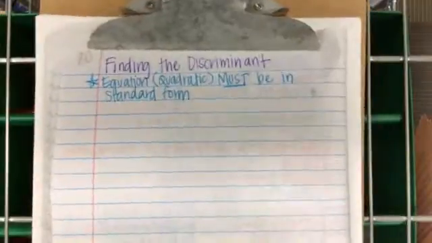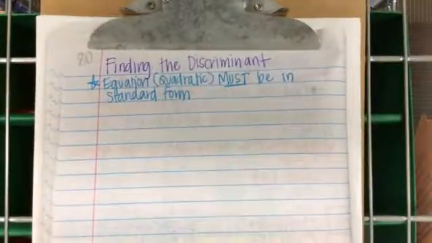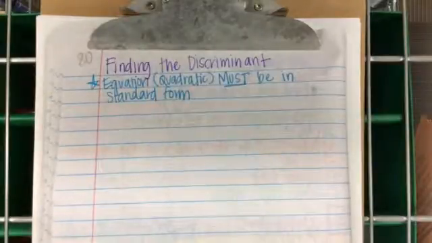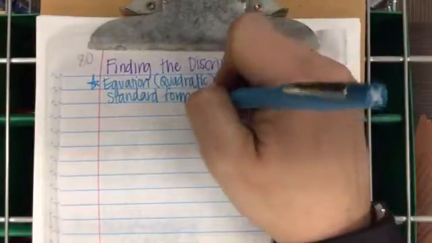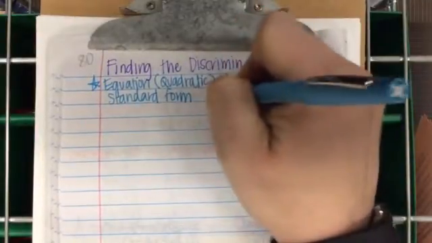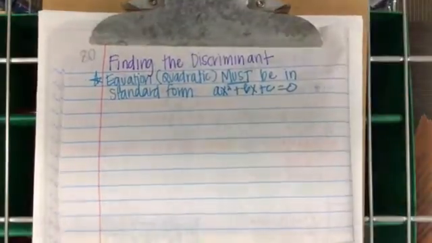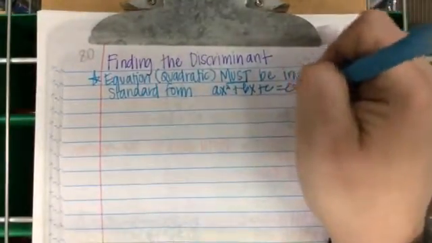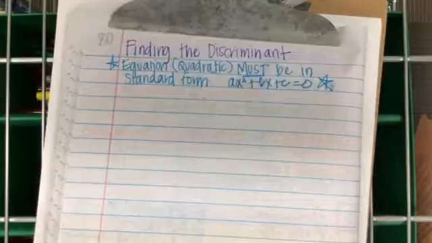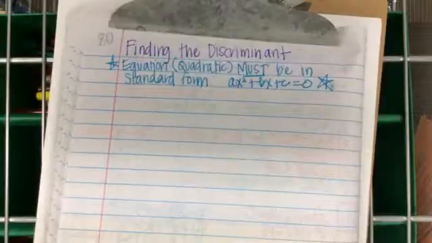Forgot to record. So when we're finding the discriminant, the key part is that your quadratic must be in standard form, which is ax squared plus bx plus c equals 0. And this is that confusing part because sometimes we want the problem to be in standard form, other times we want it to have c by itself.